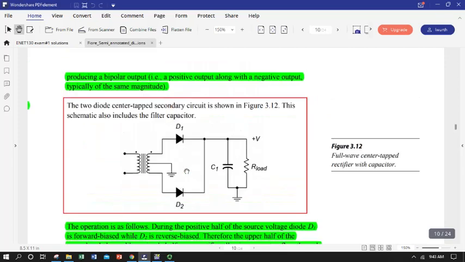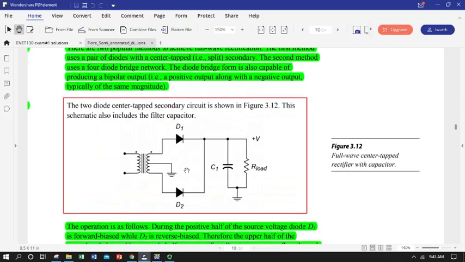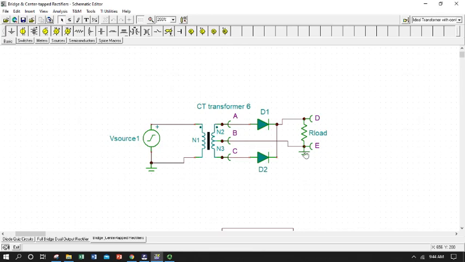He grounded his center tap of his transformer and his load. And that does make it a little bit easier for the simulator to define things in the positive. Otherwise, you end up getting your signal across the load in the negative if you don't ground this. A note of caution is just a little reference back to transformers.